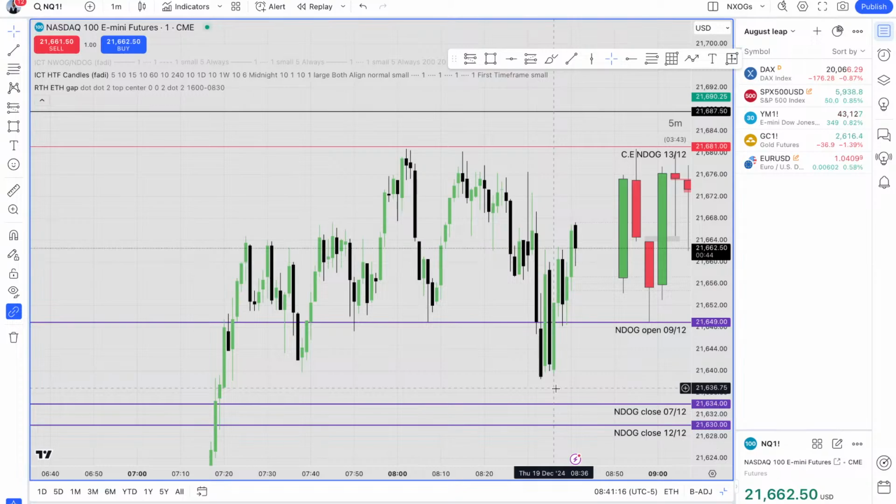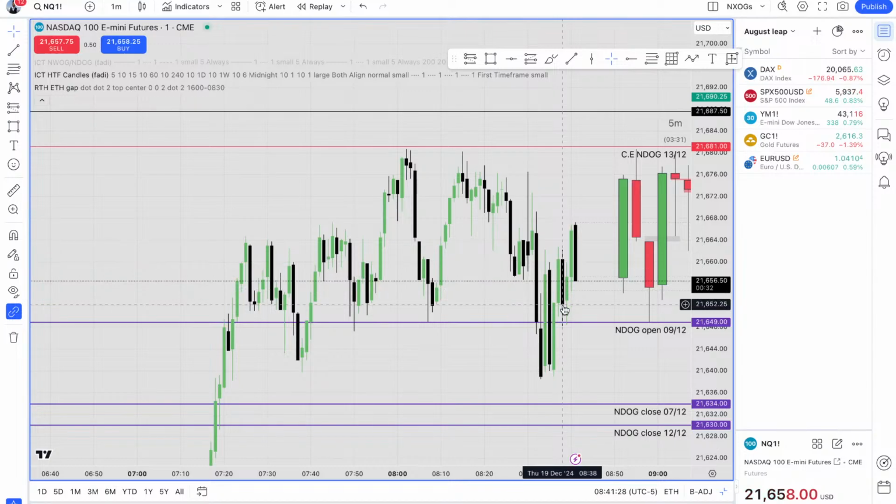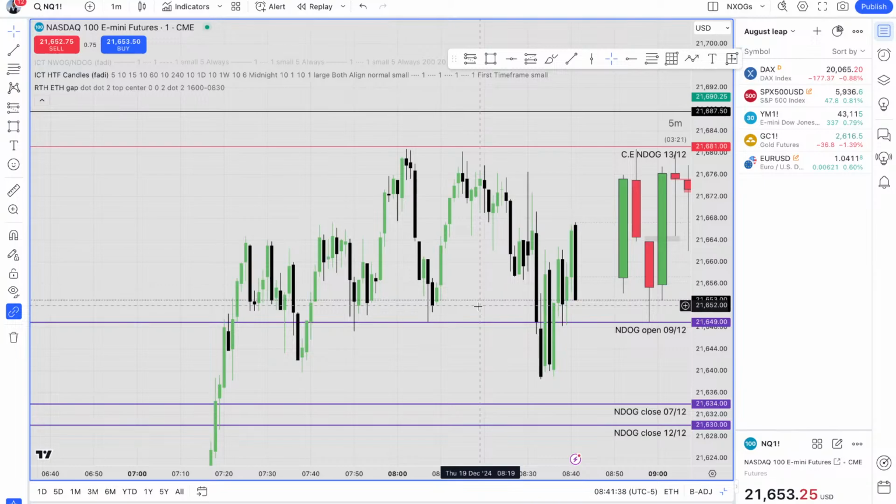So now it's bouncing on that bullish order block. This down close candle is a bullish order block. It's just bad.